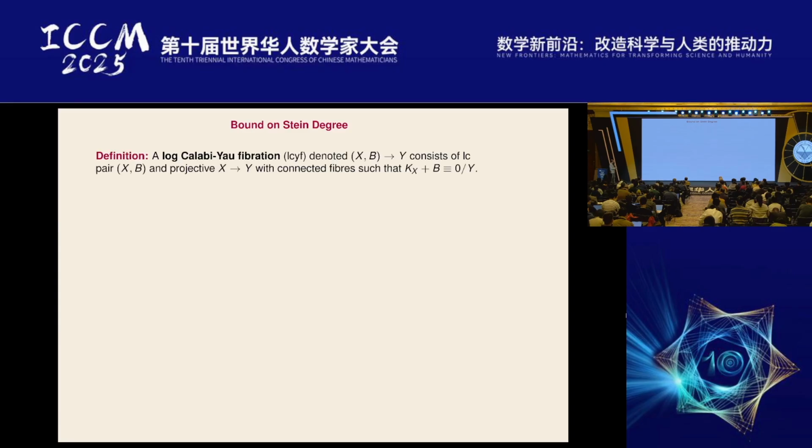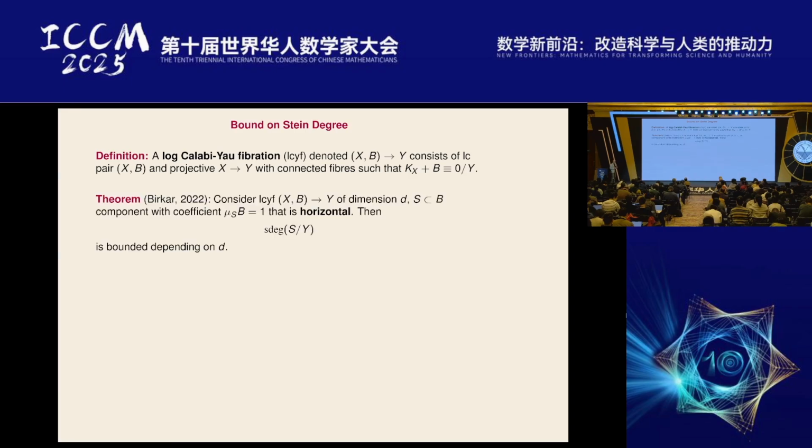Okay, so let me then try to state the main result that I was thinking about stating. For that, I need to introduce the notion of local Calabi-Yau fibration. This is a more general form of Fano fibration. So it includes Fanos, it includes Calabi-Yaus, it includes many things in between. So I'm just calling it a local Calabi-Yau fibration, or LCYF.